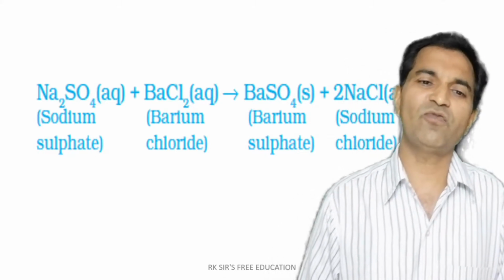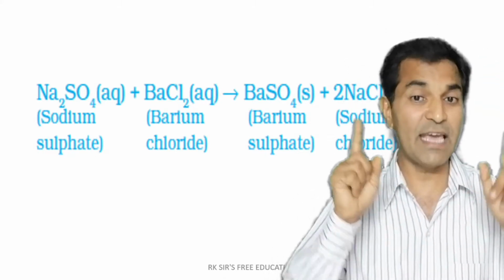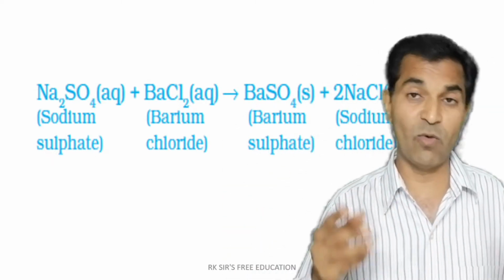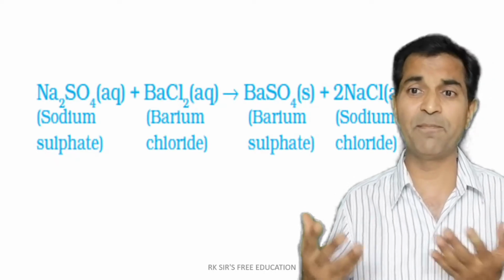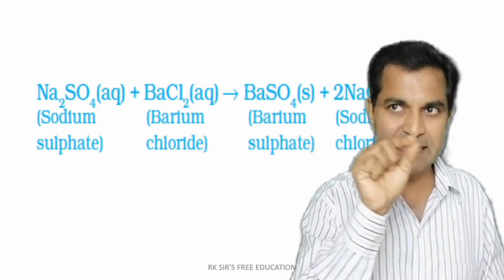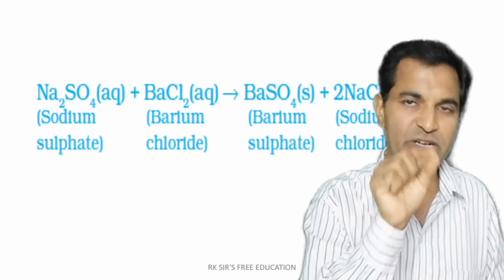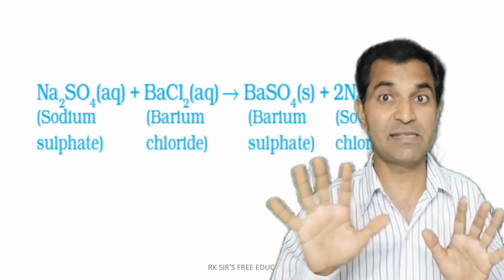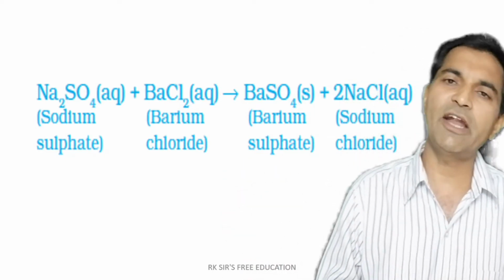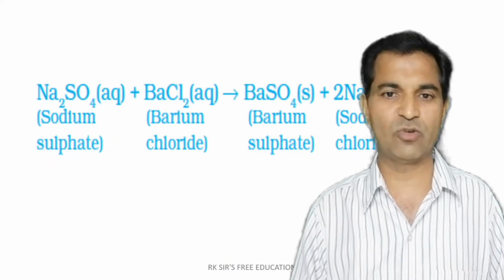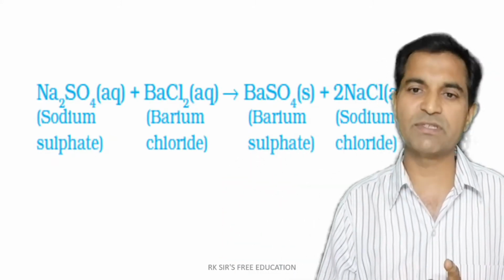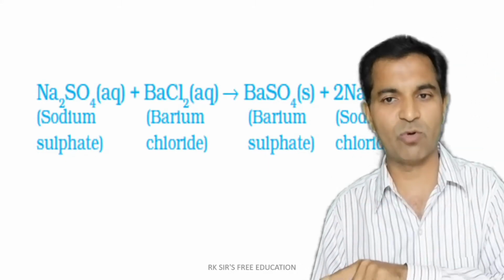So Na2SO4, that is sodium sulfate, which is aqueous in nature, when combined with barium chloride. Now what are these: barium, sodium, chlorine? You will have to remember the periodic table at least at a glance. At least you should remember that these are the various types of elements that occur on the earth. So sodium sulfate solution, when combined with barium chloride, produces barium sulfate and sodium chloride.